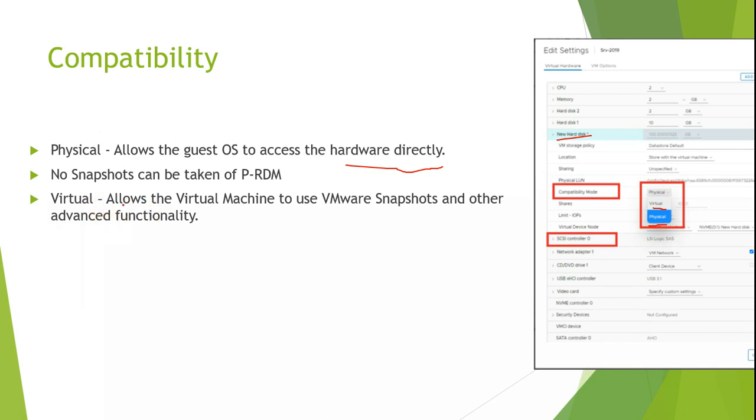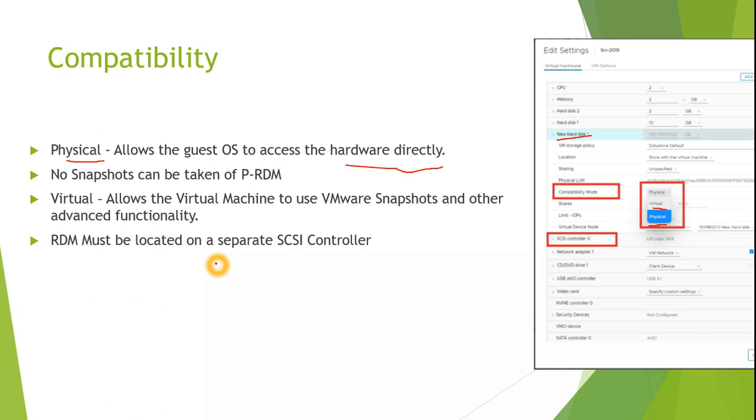Virtual RDMs allow the virtual machine to use VMware snapshots and other advanced features, but not the physical one. And usually for Microsoft clustering, you will need the physical mode only. So you will have that limitation on the SQL clusters, I'm afraid. That is always going to be there.